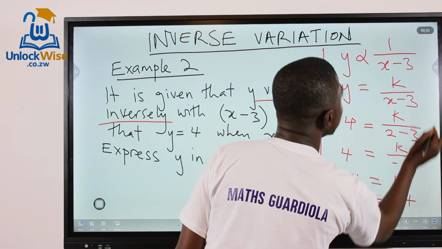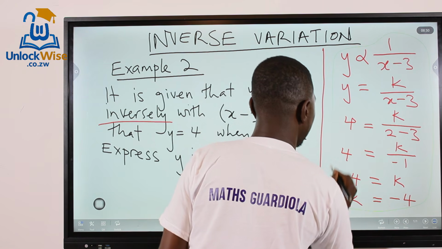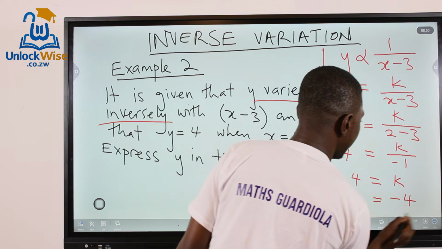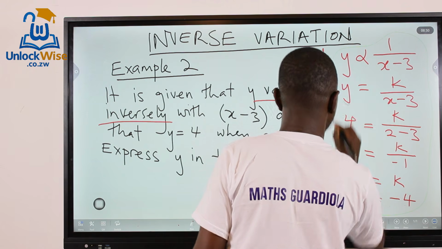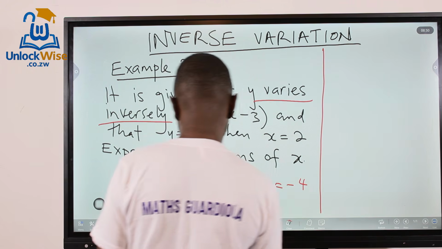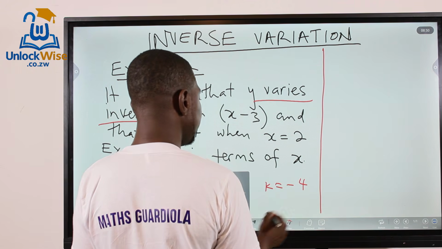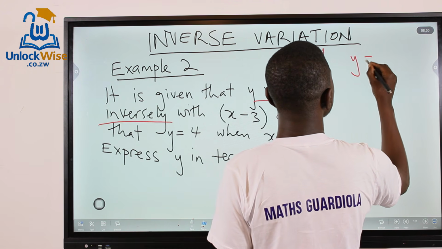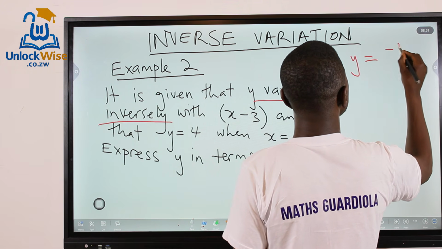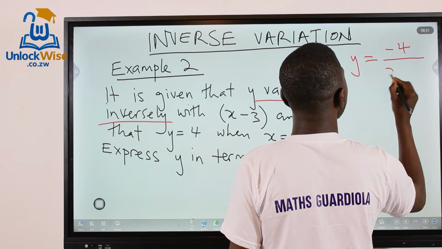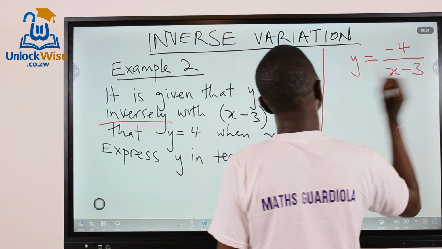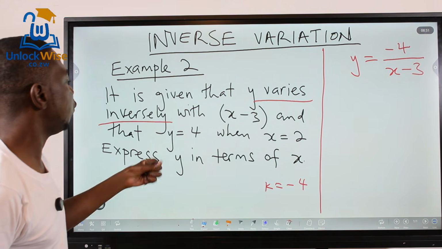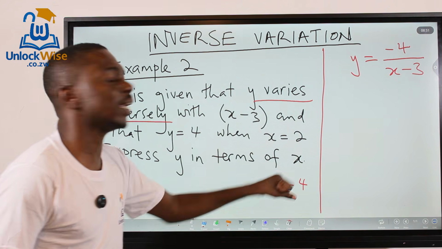So the expression now should now be y is equals to -4 over x minus 3. This is the expression of y in terms of x.